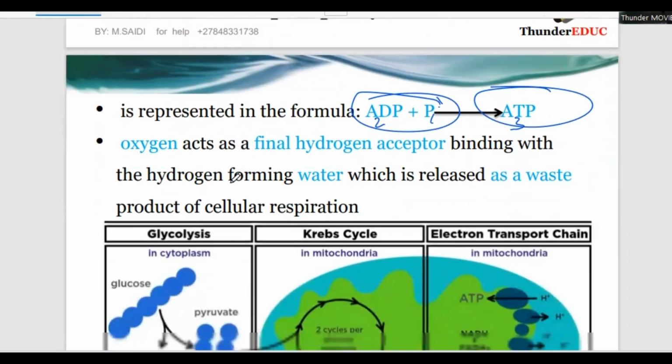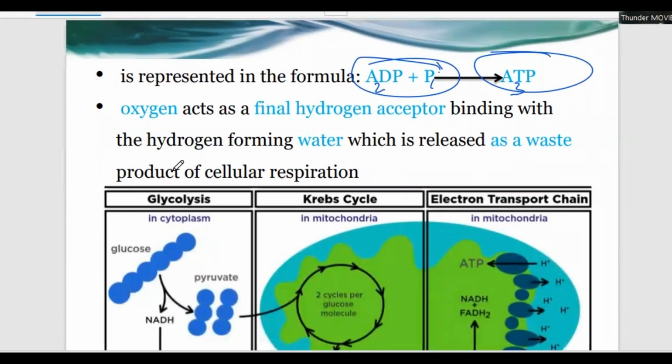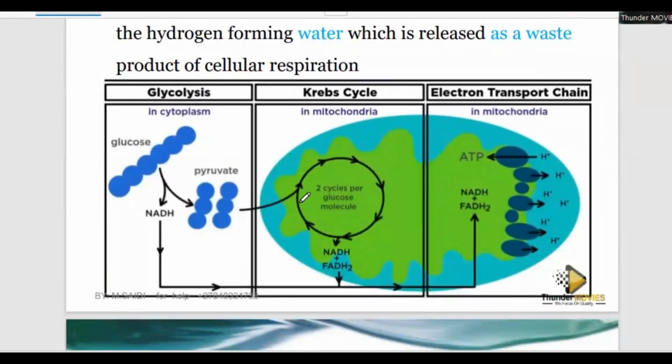All right. So what happens? The hydrogen forming water is released as a waste product of cellular respiration. Basically, the water molecule is released, but is acting as a waste product. Or we can say it is a byproduct.